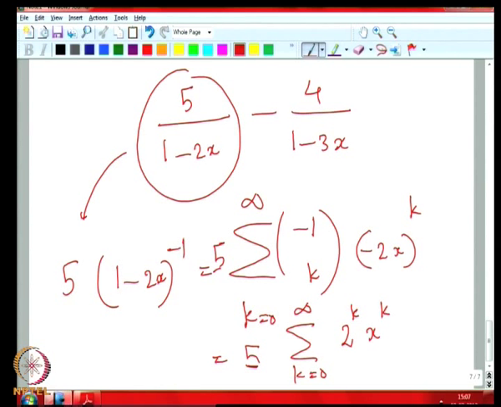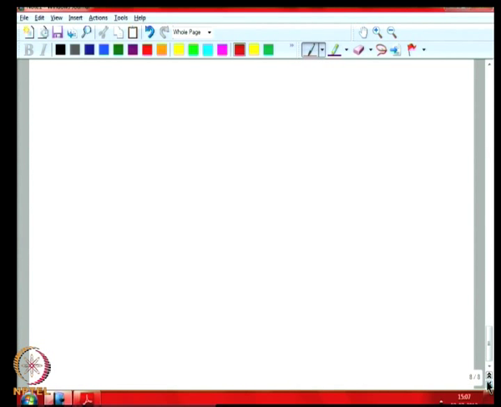So if I am seeking the coefficient of x raised to n in this, that is 5 into 2 to the power n.